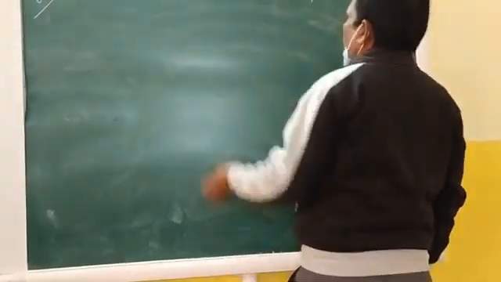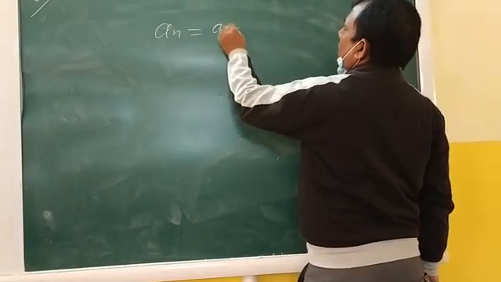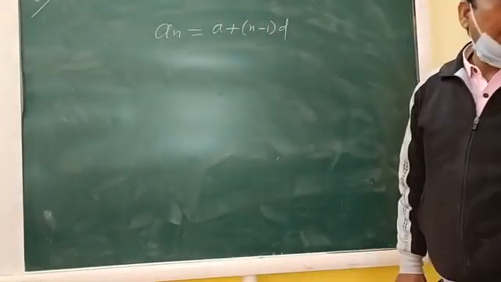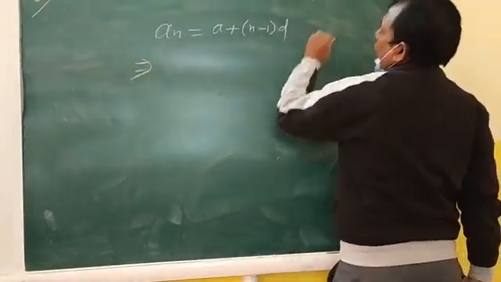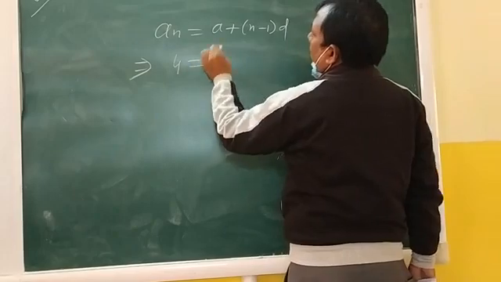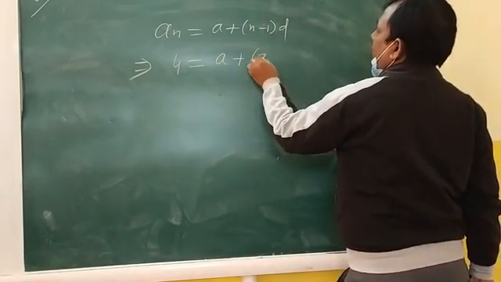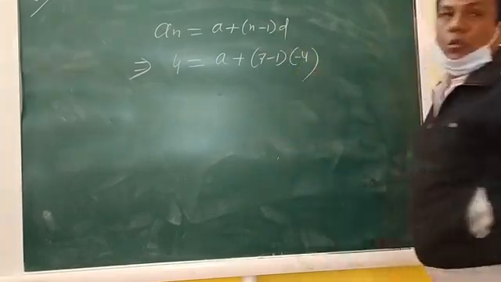So what is the formula for an? An equal to a plus n minus 1 into d. Right? The value of an is given 4. A we have to find. n is 7 and d is minus 4. Clear?